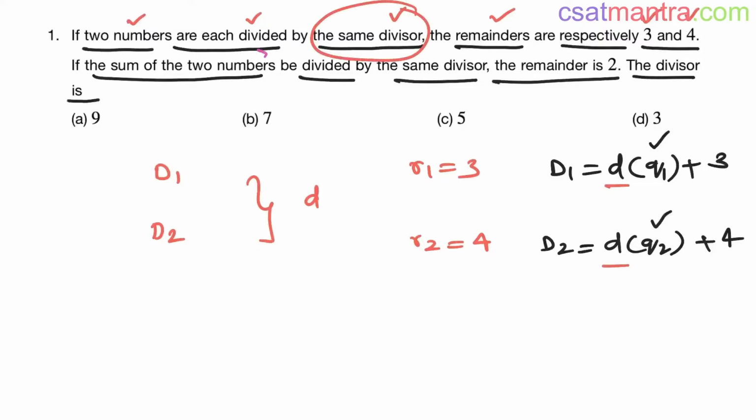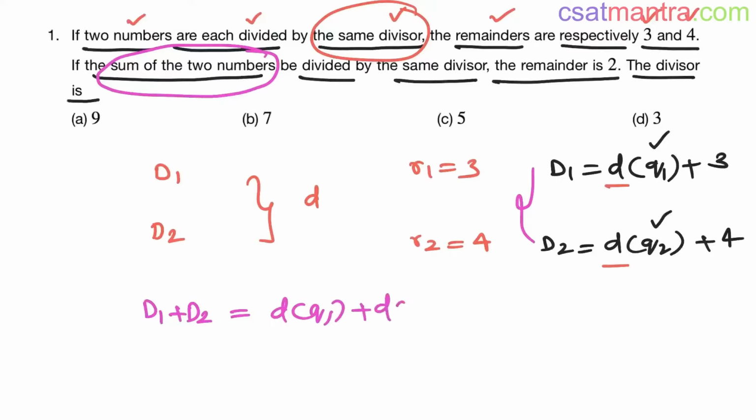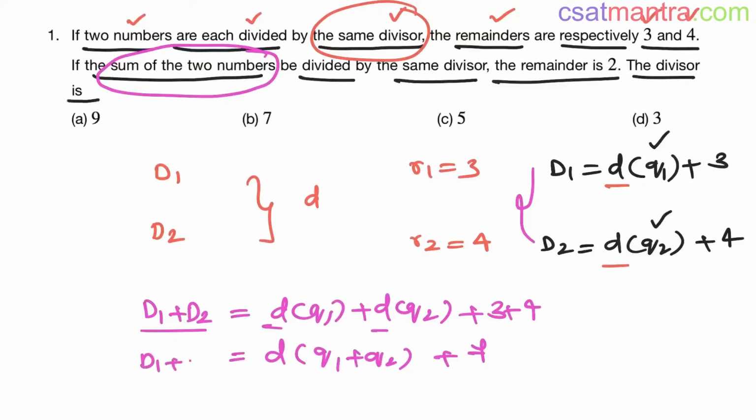Now if the sum of the two numbers, let's add them. d1 plus d2 is d into q1 plus d into q2 plus 3 plus 4, that is equal to d into q1 plus q2, taking d common in these two, plus 7. I am calling d1 plus d2 as capital D. No problem, right?